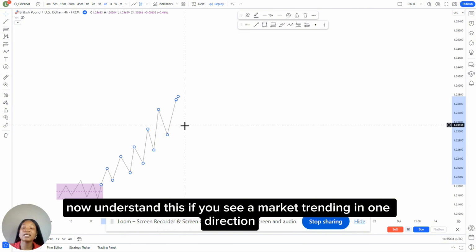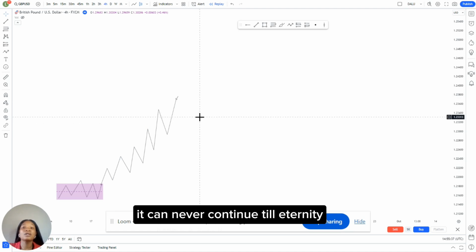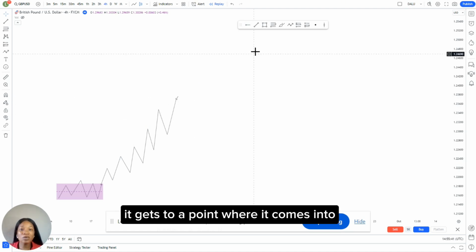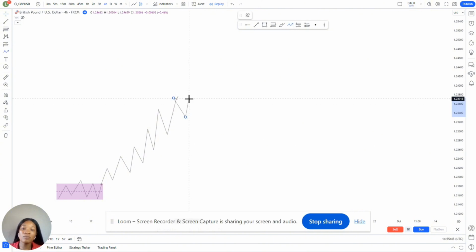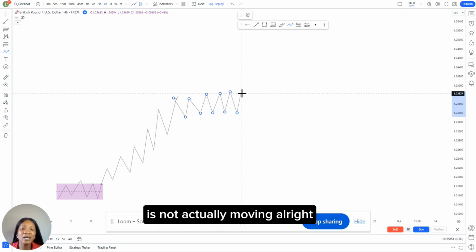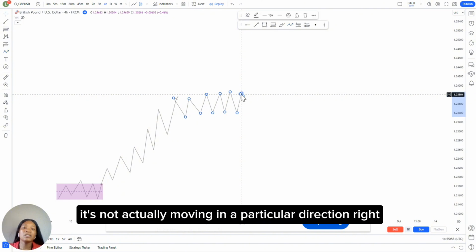Now, understand this. If you see a market trending in one direction, it can never continue till eternity. It gets to a point where it comes into what we call the consolidation zone, or the distribution zone, where it seems as though the market is not actually moving in a particular direction, right?